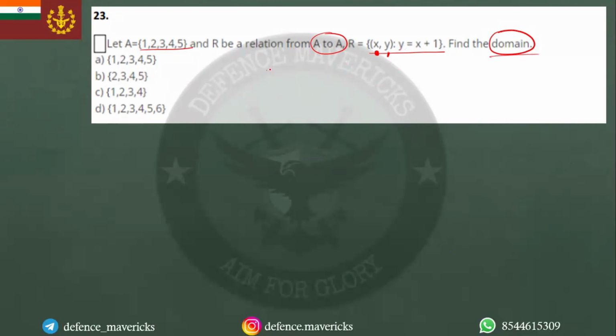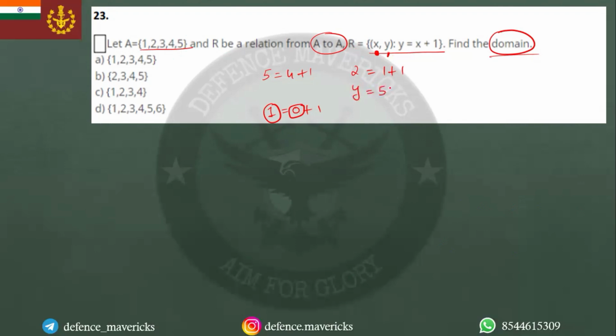That means if I take y as 5, it can be 4 plus 1, but if I take y as 1, can it be 0 plus 1? It cannot be 0 plus 1. That means if I'm taking y as 1, I need to take x as 0, and x as 0 is not possible because it is not given here. Now if I take y as 2, then I can take x as 1. That is possible. Now if I take x as 5, what will y be?